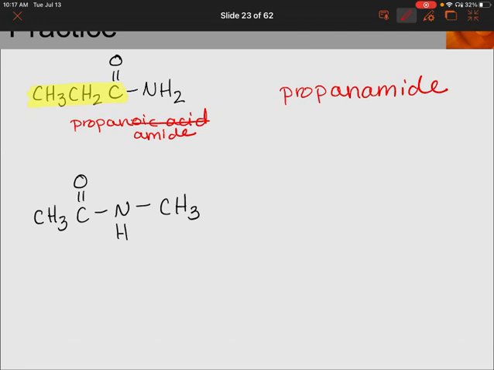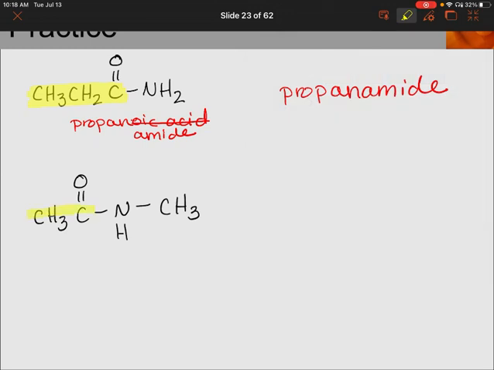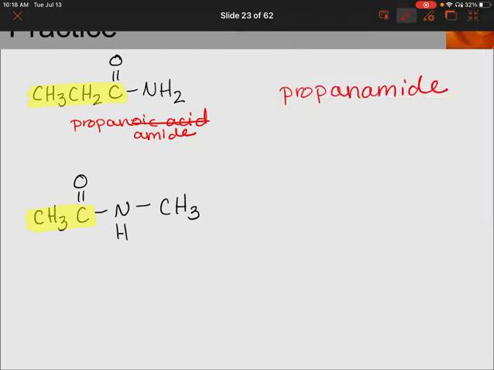All right, so now let's go to the next one. We're going to find that longest carbon chain. There are 2 carbons there. And by longest chain, I mean the one that includes the carbonyl group, because sometimes you might see a long chain connected to nitrogen and not the carbonyl group, but we're really focused on the carbonyl group here.